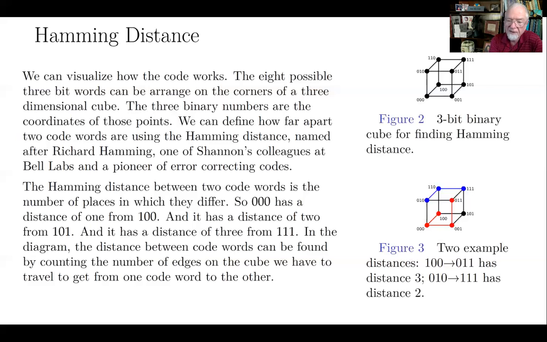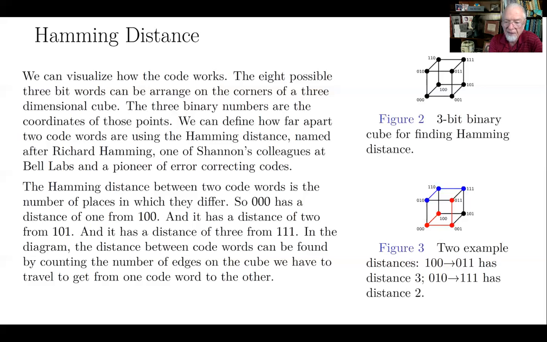And all of the ones at 1 bit away, the 010, the 001, and the 100, are all assumed to be 1-bit errors from 000.